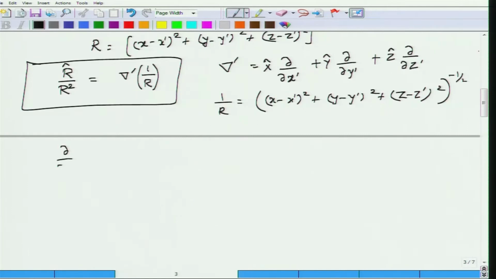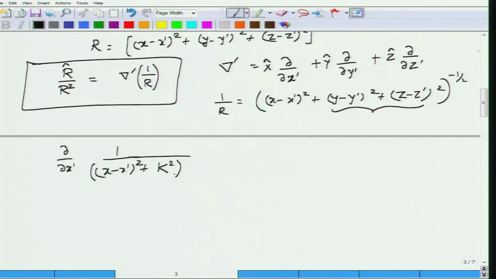The quantity (y minus y prime) square plus (z minus z prime) square will be a constant when I am differentiating with respect to x prime. So let me look at del by del x prime of 1 by (x minus x prime) square plus some constant, let us call the constant k square, okay. Why is it constant?